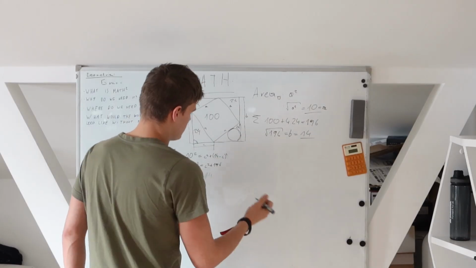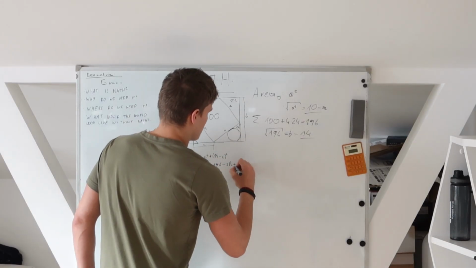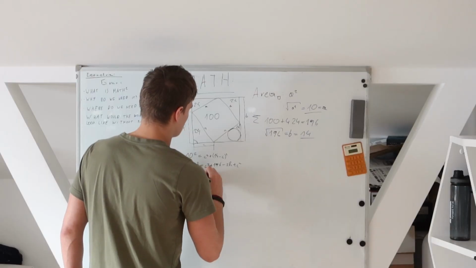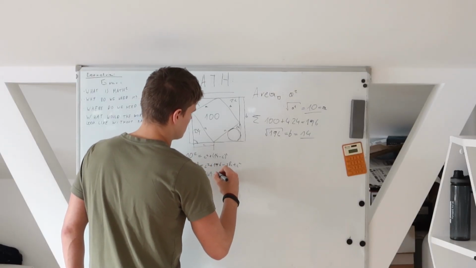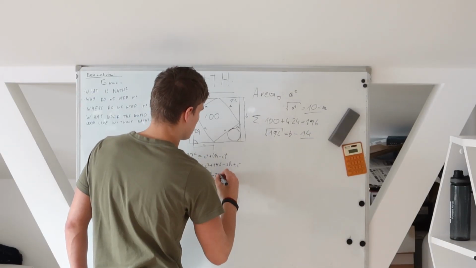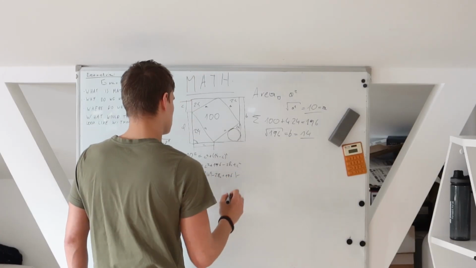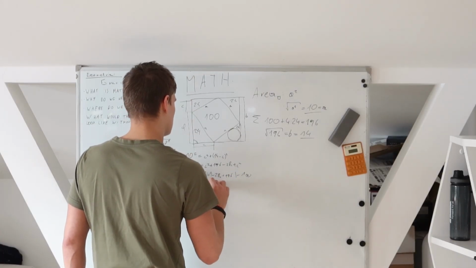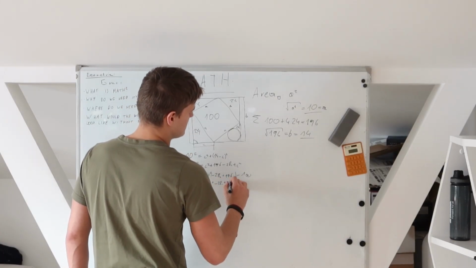For (14 minus C) squared, what is the rule? The rule is that we go 196 minus 2 times 14C, which is 28C, plus C squared. So in the end we have 10 squared is equal to 2C squared minus 28C plus 196. Subtracting 100, we have 0 equals 2C squared minus 28C plus 96.